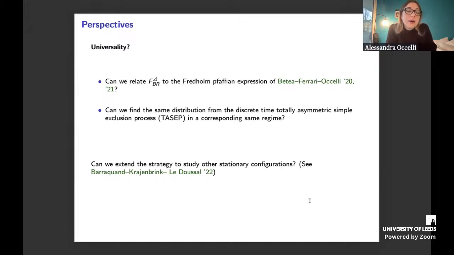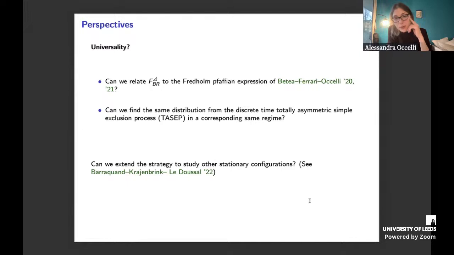And then an extension of this work could be to see if the same technique, using Riemann-Hilbert problems and asymptotics of the Painlevé II, could be used to obtain different results for other stationary initial conditions. So the stationary initial condition that Patrik was mentioning at the end of his talk after Dominic's question.